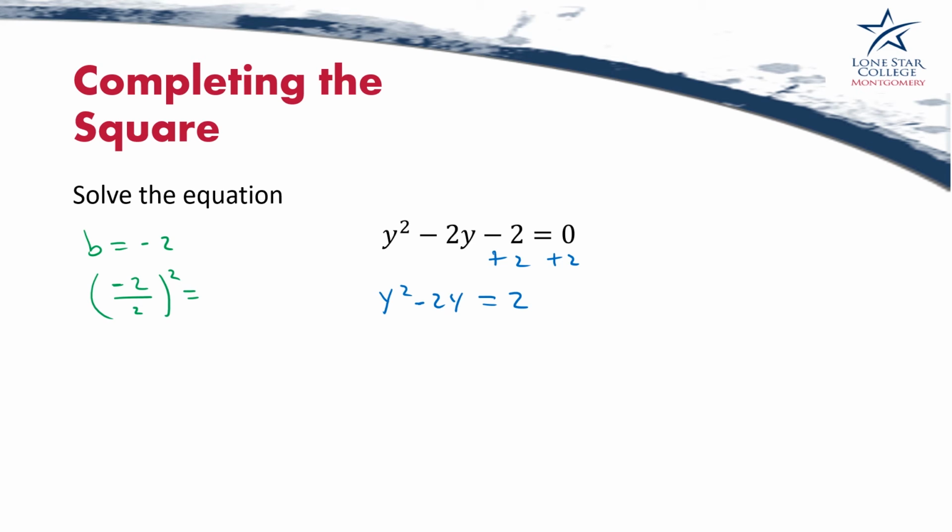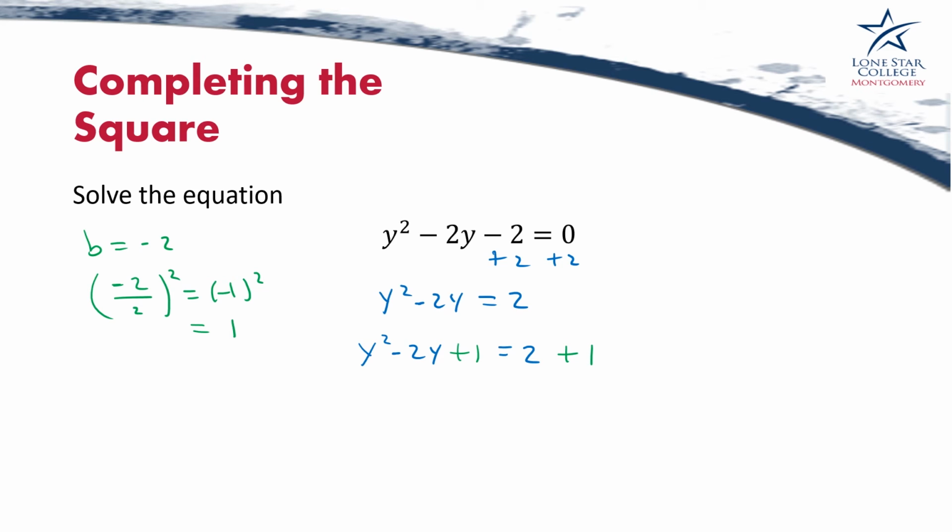Negative 2 divided by 2 is negative 1, squared gets us a positive 1. Now we take that positive 1 and add it to both sides of our equation. So we have y squared minus 2y plus 1 equals 2 plus 1.